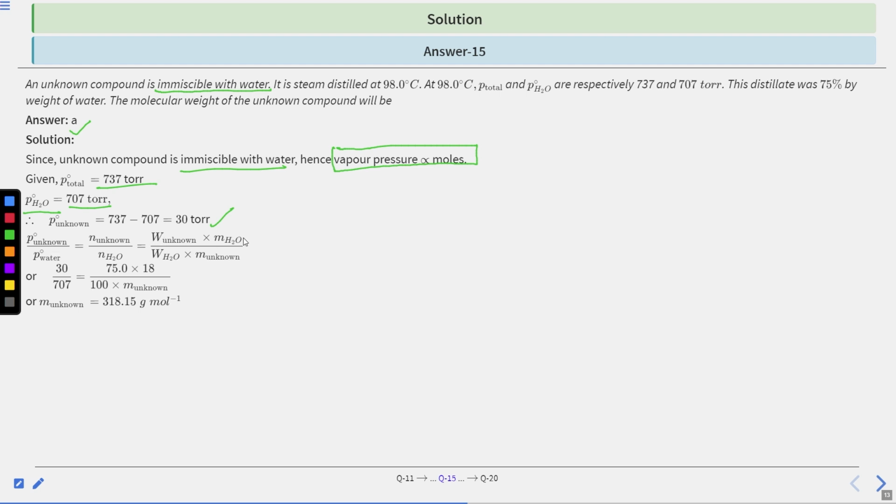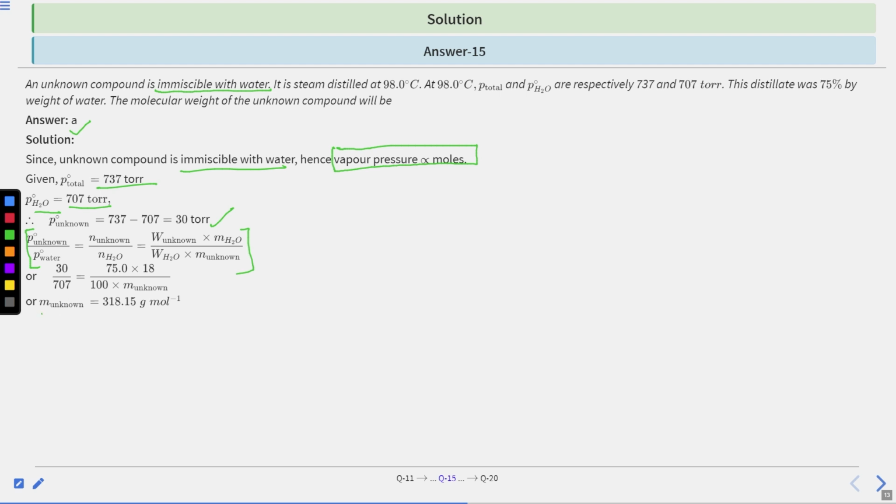And on putting the values in this equation, sorry, it will not come here. Here it is, yeah. So from this equation, on putting the values, we have 30 upon 707, that is the vapor pressure ratio, equals the weight of unknown, that is 75, into molar mass of H2O, that is 18, divided by 100 into molar mass of unknown compound.